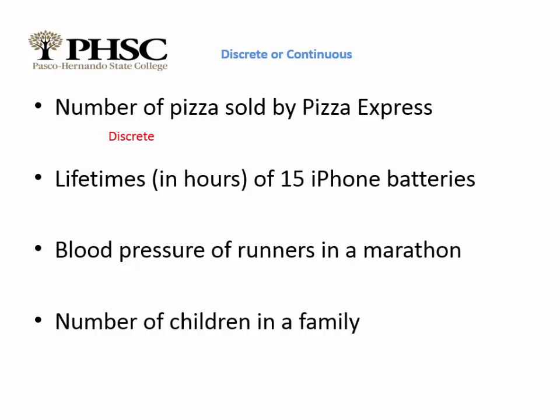Lifetime in hours of iPhone batteries is continuous because it can go anywhere from 0 to 27 hours. Blood pressure is also continuous because it runs the whole gamut from very good blood pressure to extremely high, to having a heart attack type of blood pressure, and any value in between those two. And the number of children in the family is discrete, 0, 1, 2, 3, 4, 5, etc.